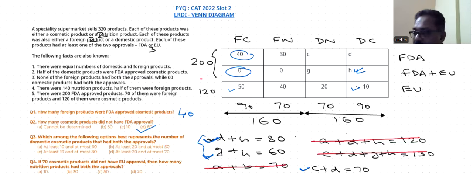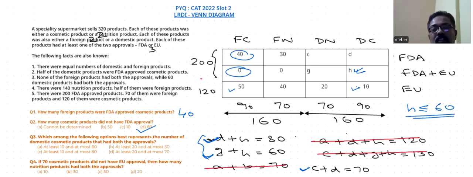If the value of H is more than 60, the first equation D plus H will not be satisfied, and the second equation G plus H will not be satisfied either. The value of G will become negative, which is not accepted. So H can have a maximum of 60.